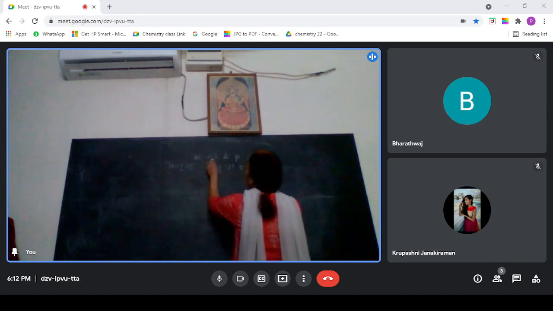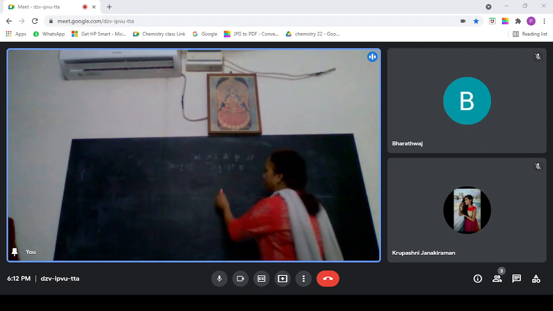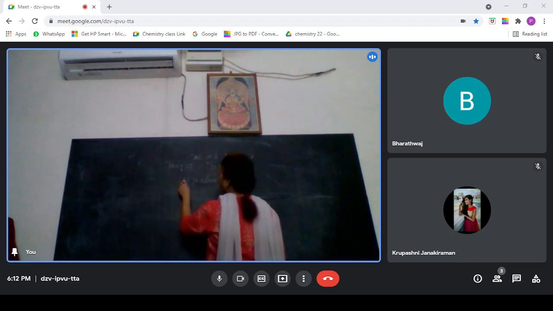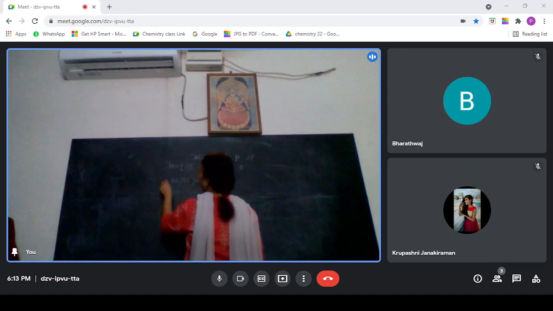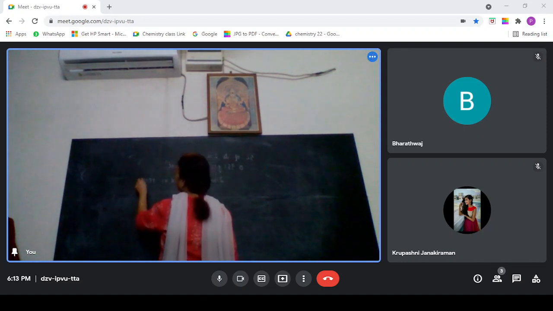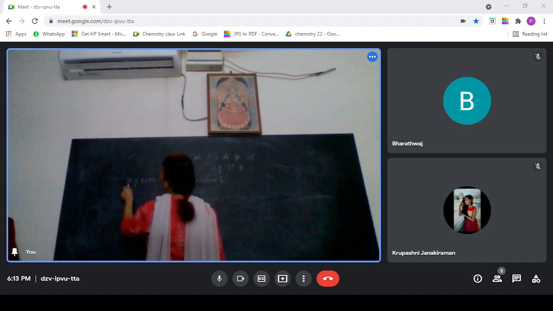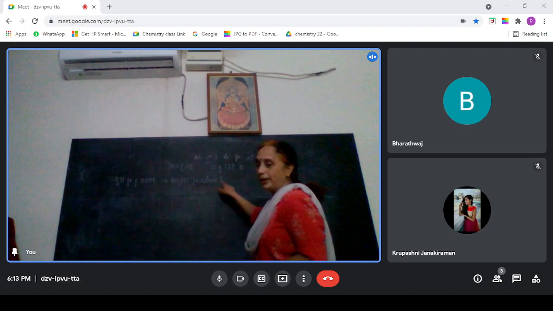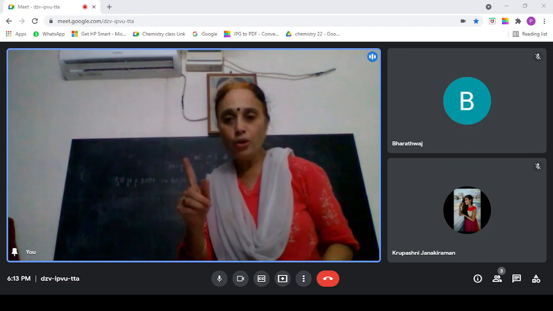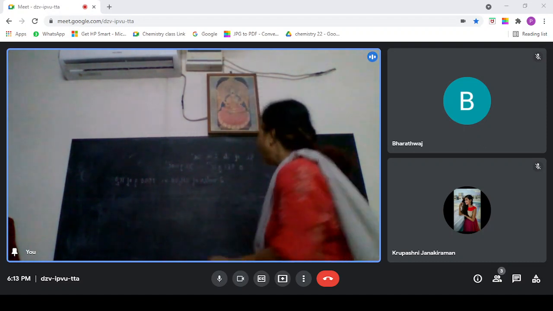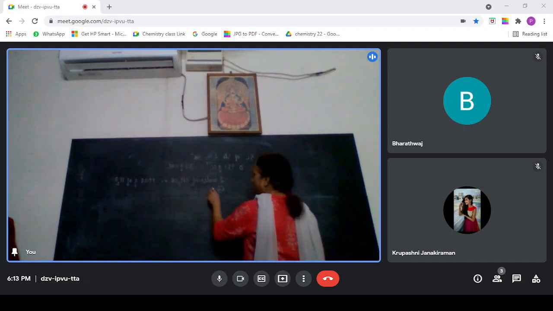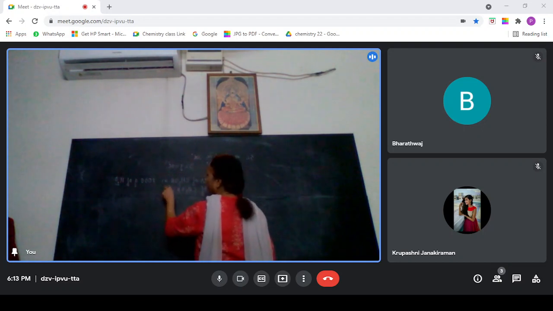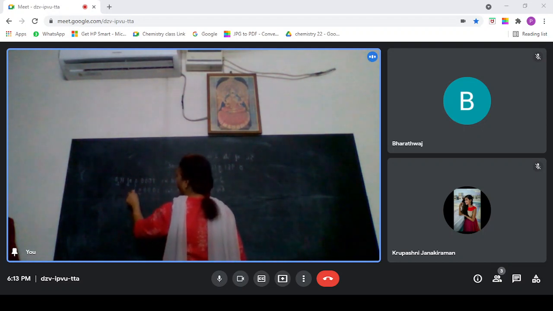That means 2 moles of methanol in 1000 grams of water. What do you mean by 2 moles? 1 mole is 32 grams, so 2 moles will be 64 grams of methanol in 1000 grams of water.